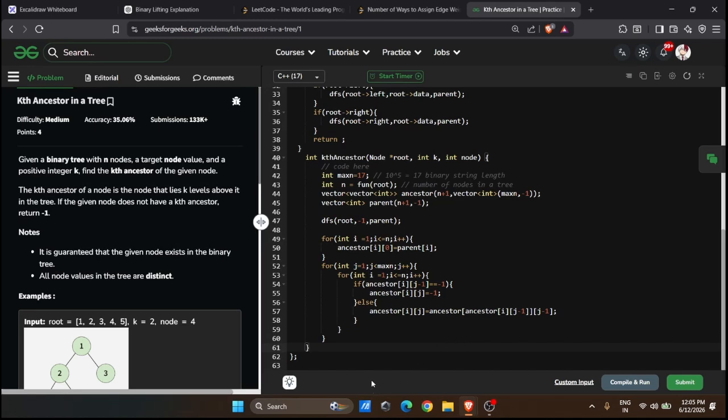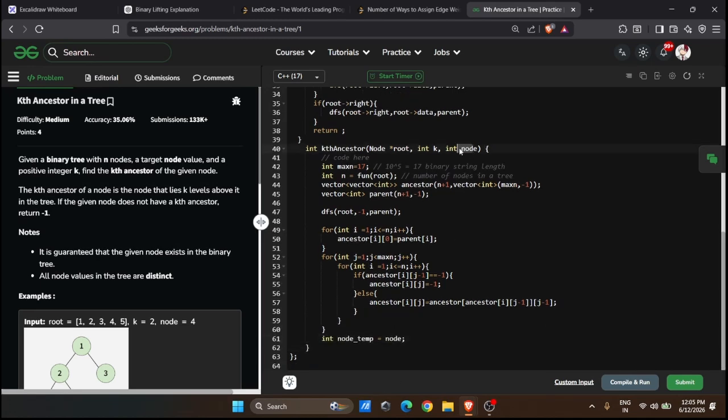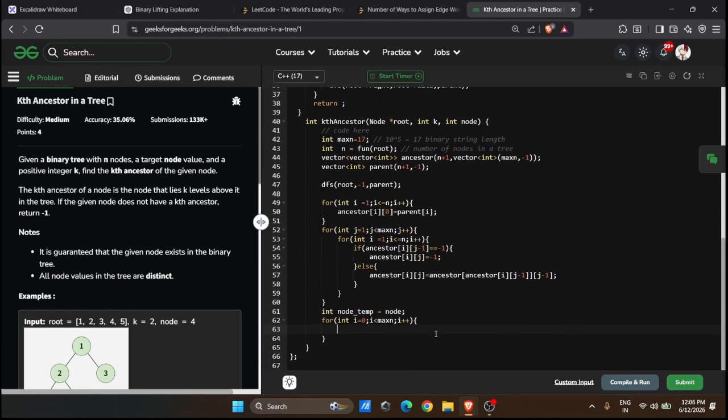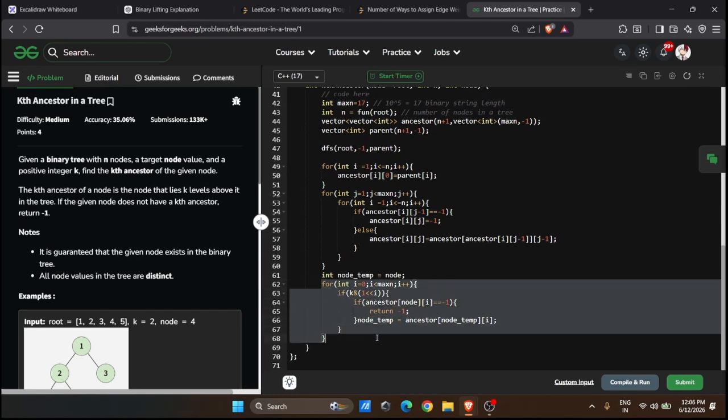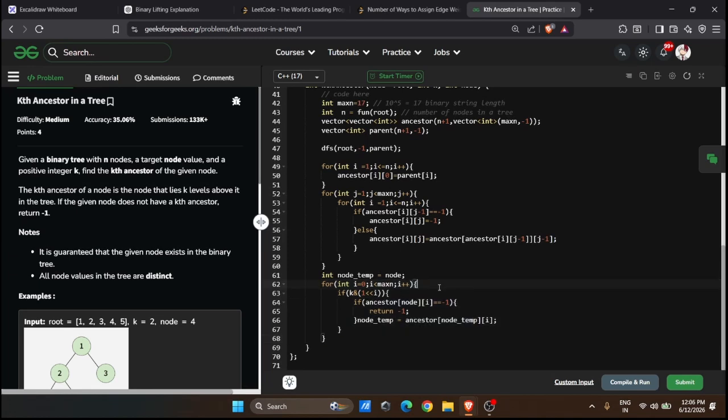Now I will move to the query part. This part is where I have used the binary string conversion. Suppose, as I have already discussed, I am given 100.